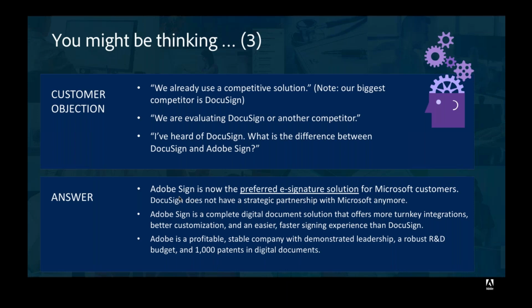Here is the most important answer, particularly for this audience that is invested in the Microsoft cloud application and productivity ecosystem: we are the preferred e-signature solution for Microsoft customers.